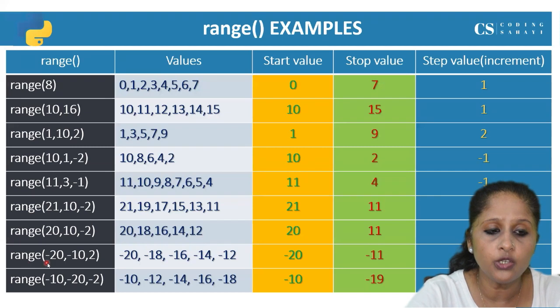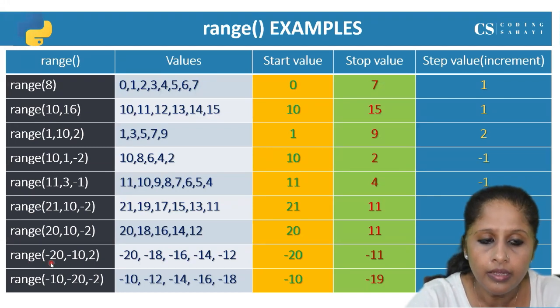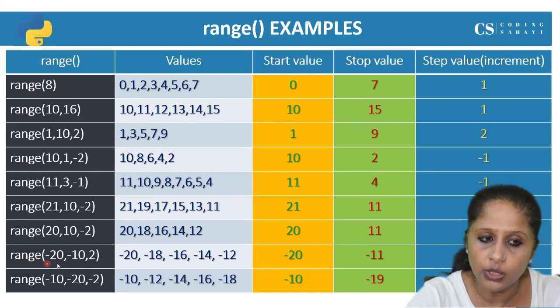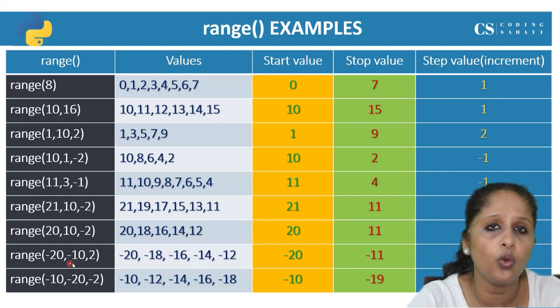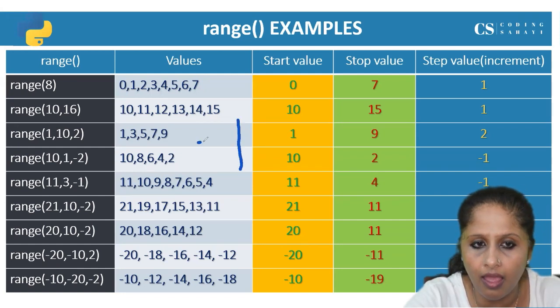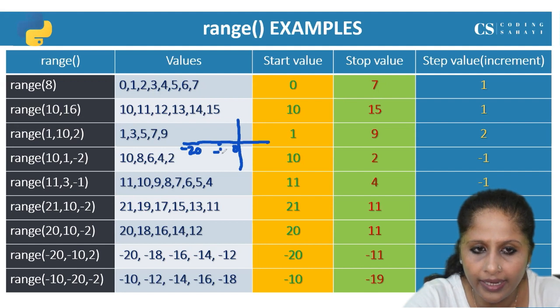Then we have range of minus 20, minus 10, 2. Okay, so here the start value and the end value are negative values. So start value is minus 20. So what will be our end value? If we are drawing a graph, x-axis and y-axis, so here it is 0. Suppose if it is minus 20 here, then suppose you have minus 10.